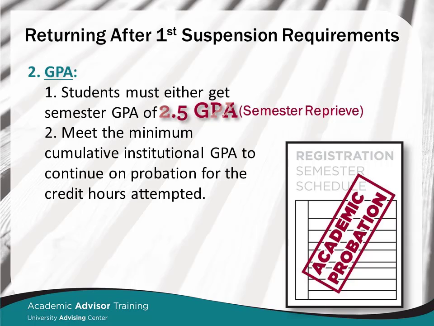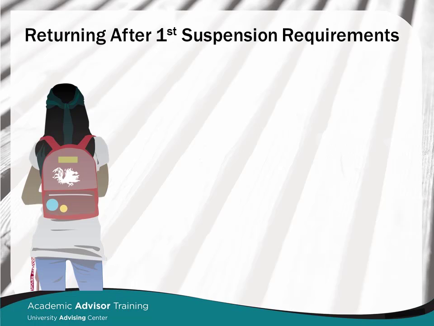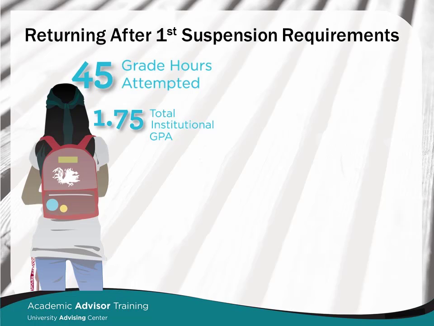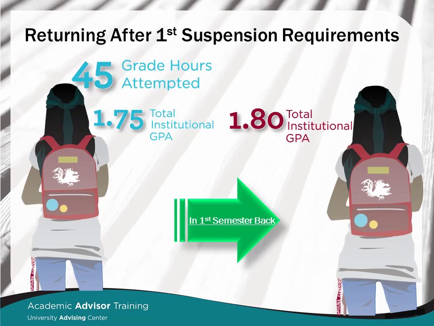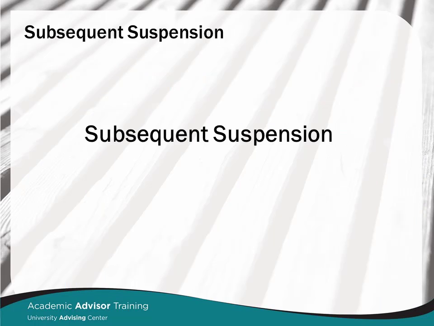For example, a student who is readmitted from suspension and has a 1.75 cumulative institutional GPA with 45 grade hours attempted will have to, in their first semester back, either raise their total institutional GPA to a 1.8 or have a semester GPA of 2.5 to not be suspended a second time. It is best practice to advise students to focus on getting a semester GPA of at least a 2.5.